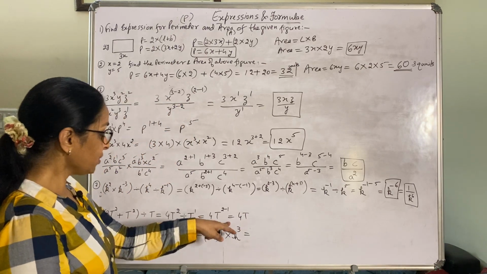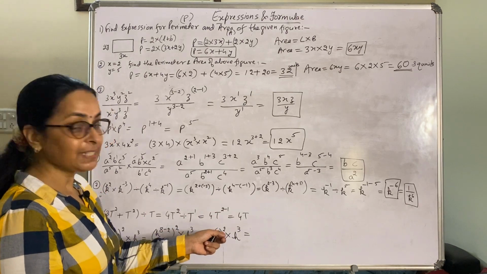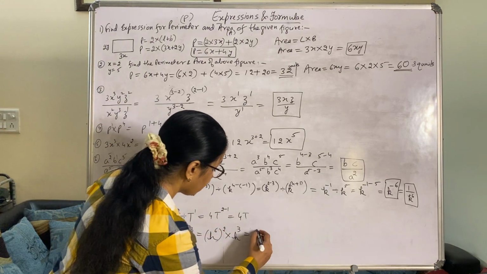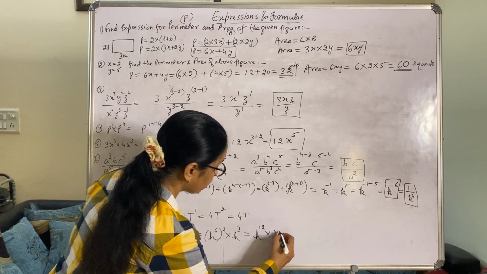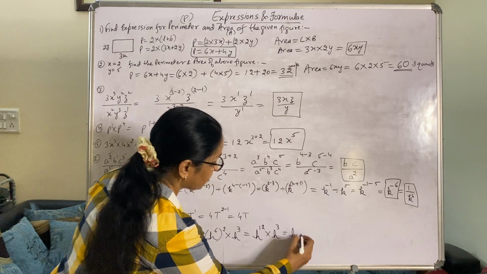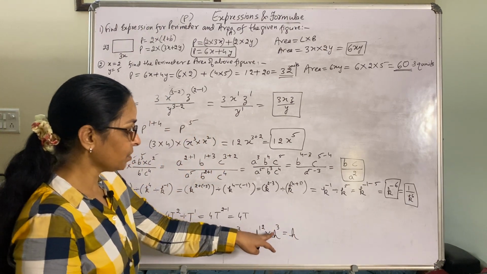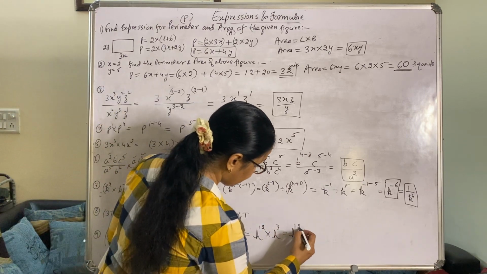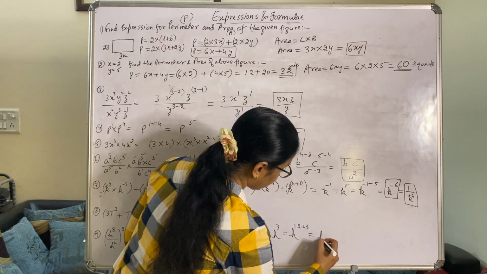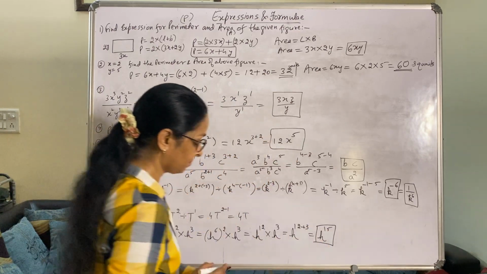Now power raised to power, remember indices, they will be multiplied. So it is h raised to 6 times 2, 12, times h raised to 3, which is h raised to, now same bases with different powers, so powers will get added up, 12 plus 3, so our answer would be h raised to 15.